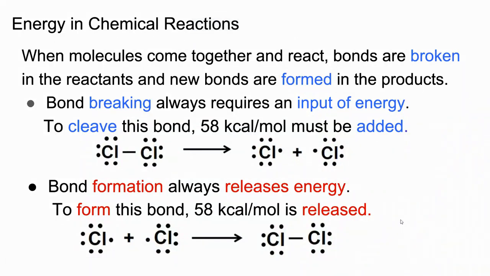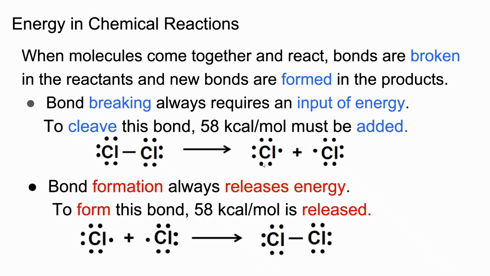So this part we're talking about breaking and forming bonds. So every time you break a bond, it takes energy. So that's called cleaving a bond. That takes 58 kilocalories per mole for this chlorine bond, chlorine gas molecule. Okay. So we're adding energy, that takes energy to break a bond. Okay.